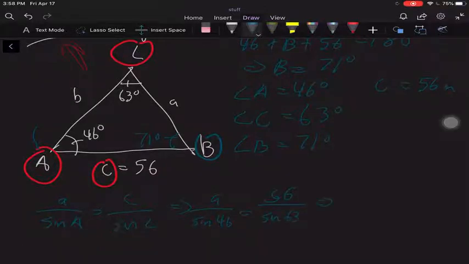Multiplying both sides by sine of 46 gives a equals 56 times sine of 46 over sine of 63.